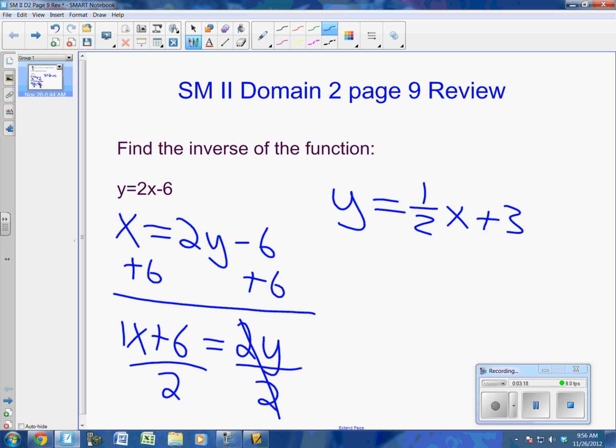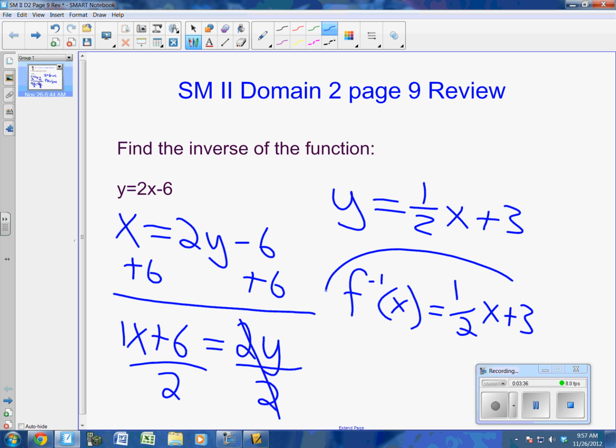You guys are taking a multiple choice test tomorrow. So on your multiple choice test, it will either be like this, or with the x plus 6 over 2, or it might use the symbol for inverse, which is f inverse of x. Like that. And there is your answer.